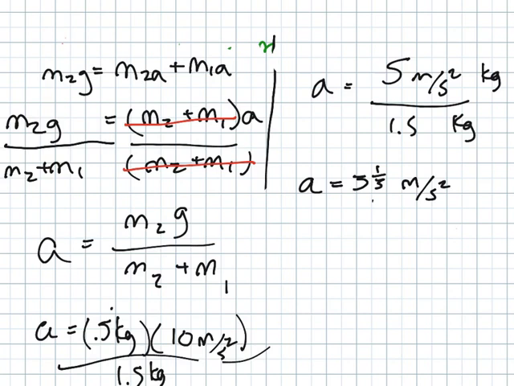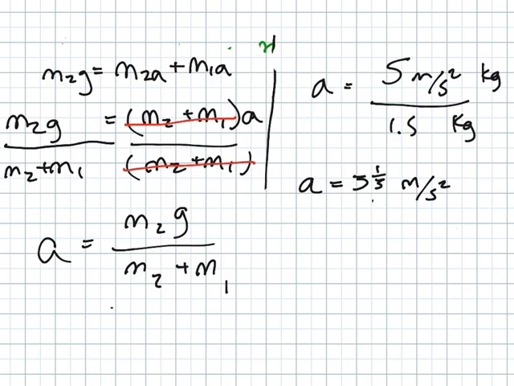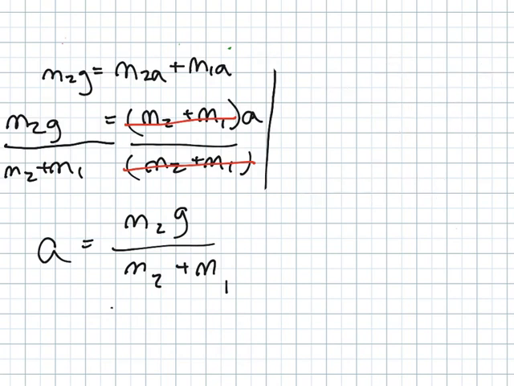Although, hang on a second here. Let's take a look at this solution again and see if it continues to make sense under other conditions. The other thing is this: please don't try to memorize this equation.